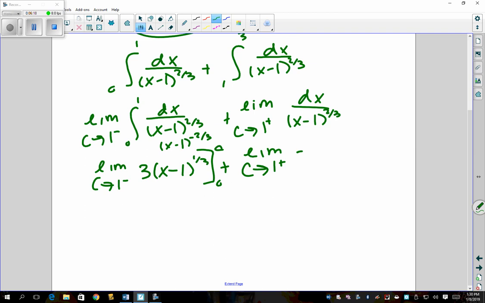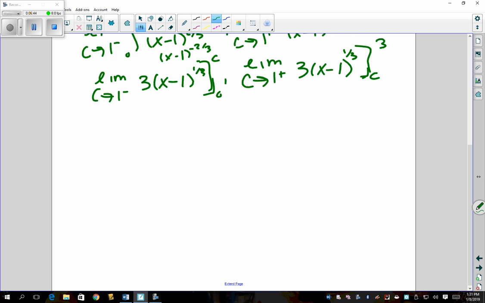This is the same integrand, or it's the same integration, sorry, from c to 3. And this is not looking very clear, I just noticed. This is a c.